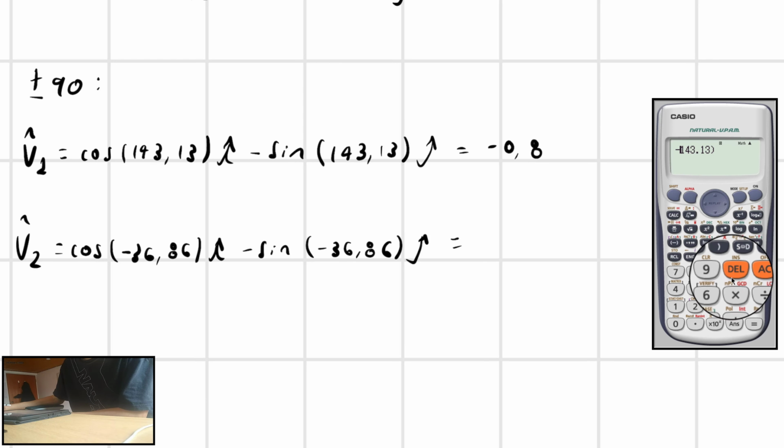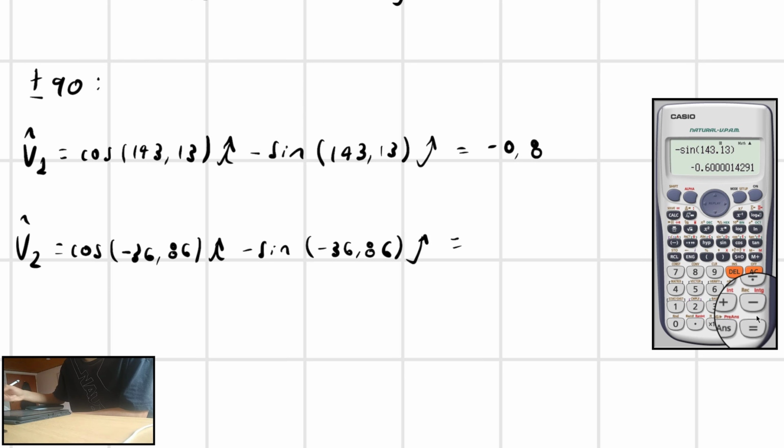Minus the sine of the same number, minus 0.6. All right, I forgot to write down the directions, so i, j.